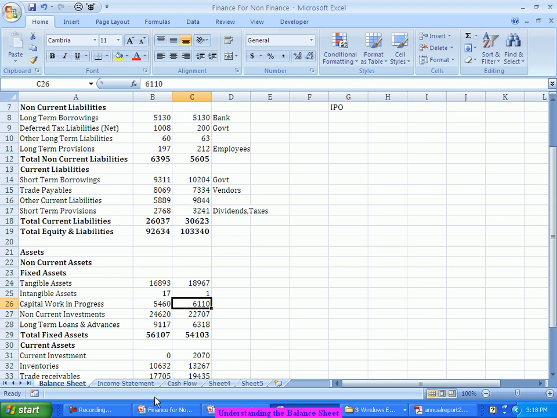So which means that semi-finished kind of thing, if they sell off, is going to be worth close to 611 crores for them. Then they have non-current investments. See, these are all some of the things which the company is thinking that it will receive benefit from in future, right? These will give some benefit either by selling or by using.